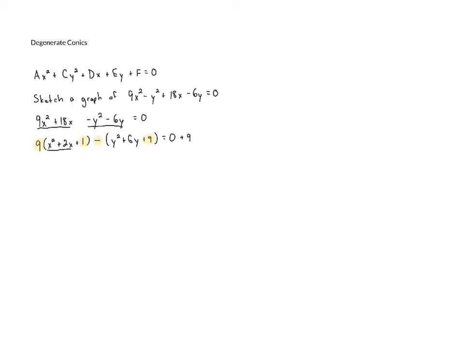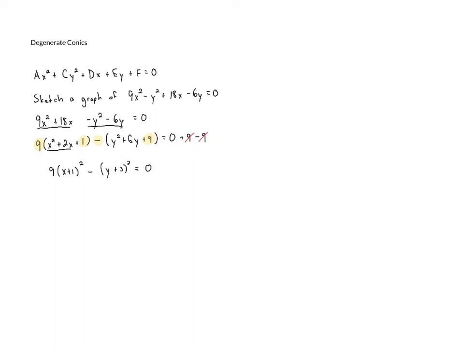And so to balance our equation, we need to add negative 9 or subtract 9 on the right-hand side. And these 9s actually end up canceling out. So when we factor these, we get 9 times the quantity x plus 1 squared minus the quantity y plus 3 squared equals 0.